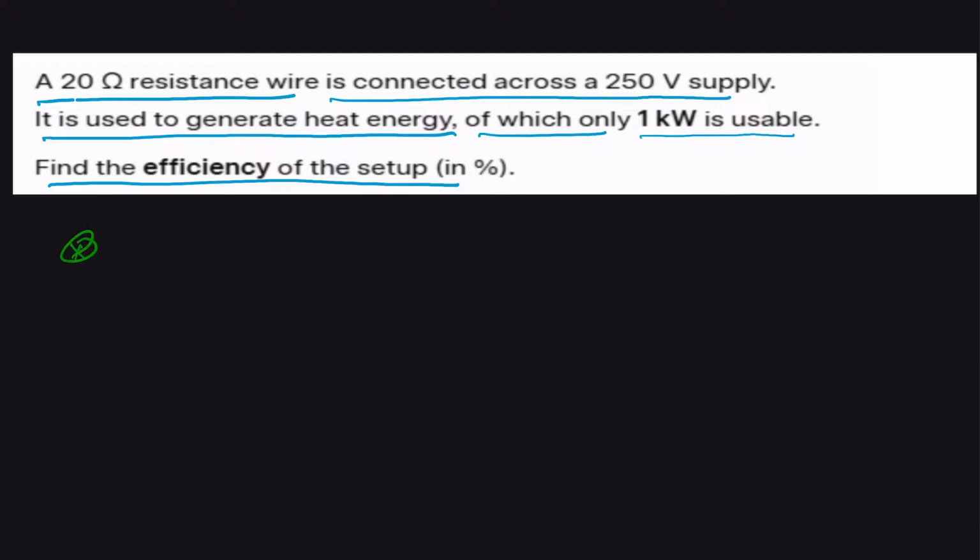So we are given that we have a resistance of 20 ohm, and it is connected to a supply voltage of 250, and we are given that the useful power is our 1 kilowatt. Okay.